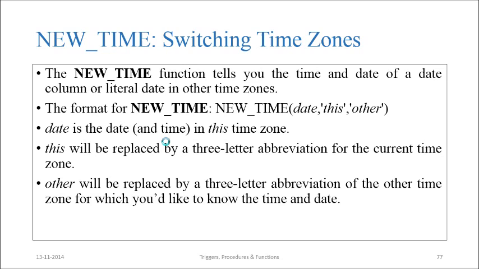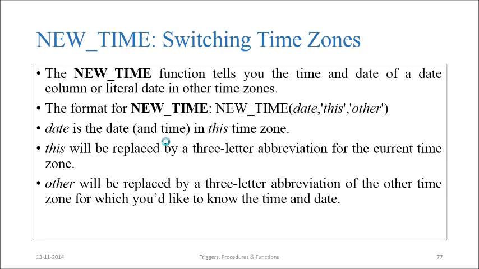New time, switching time zones. The new time function tells you the date and time of a date column or literal date in other time zones. The format for new time is new time, date, this and other, which are going to be specified as parameters. Date is a day in this time zone, then this will be replaced by the 3-letter abbreviation for the current time zone.